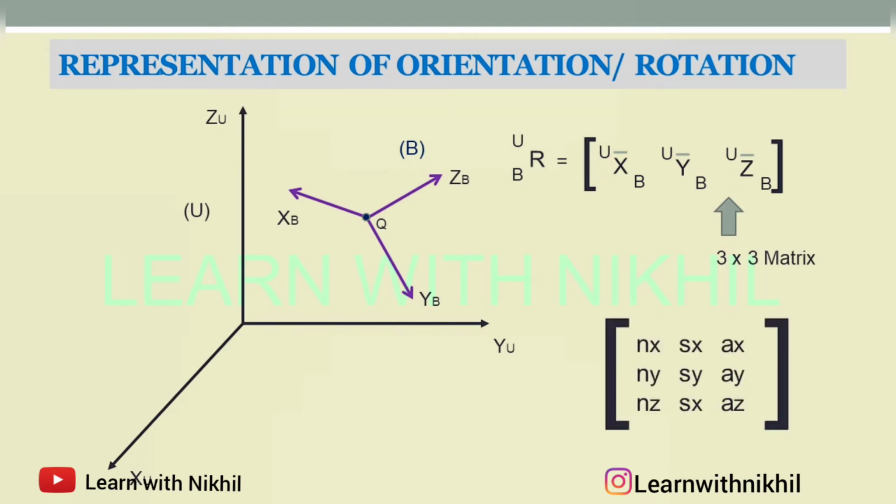Now the 3 by 3 matrix is further, these elements are N is nothing but the normal, S is the sliding, and A is approach vector.